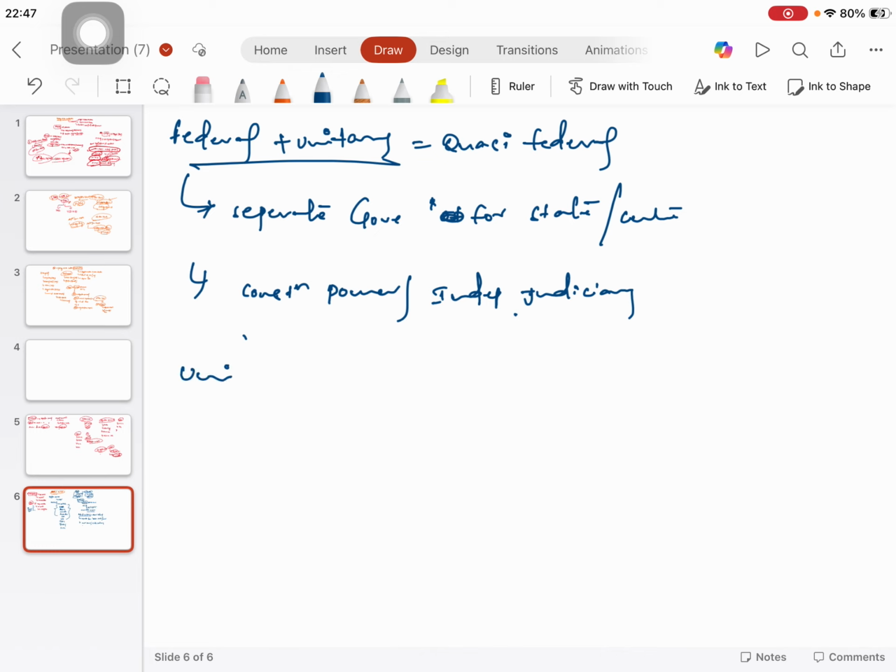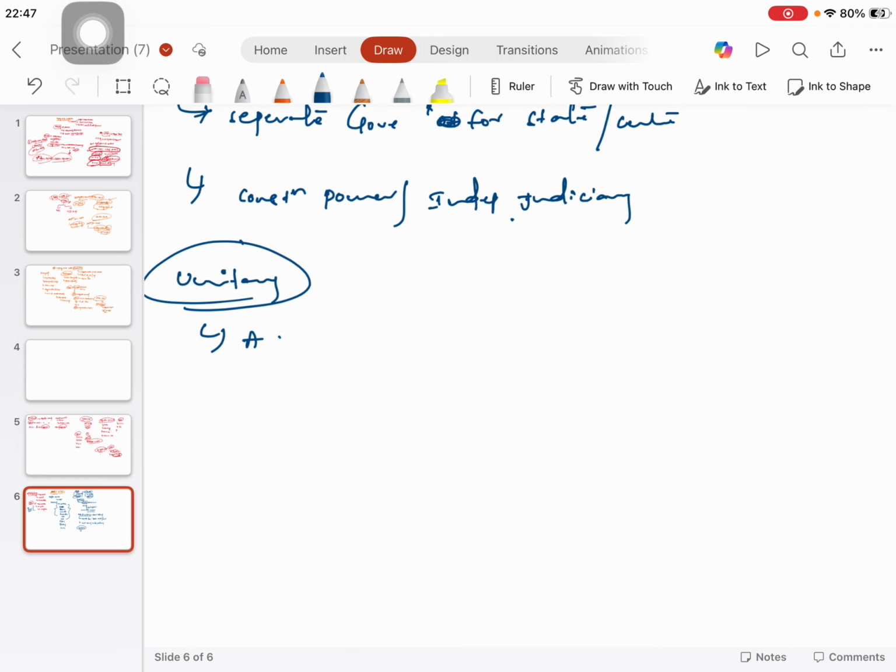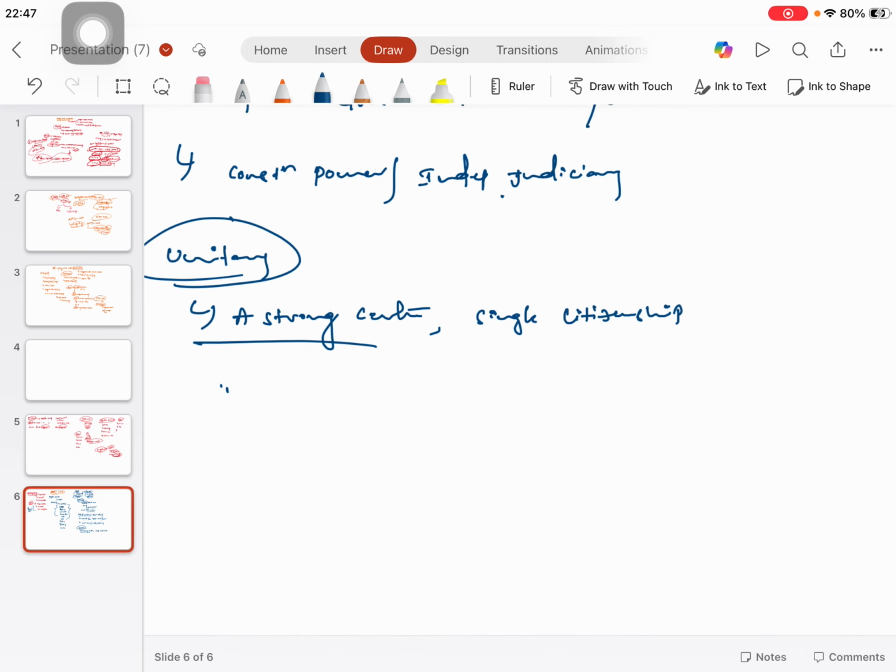If you see unitary, a strong center, single citizenship, integrated judiciary.